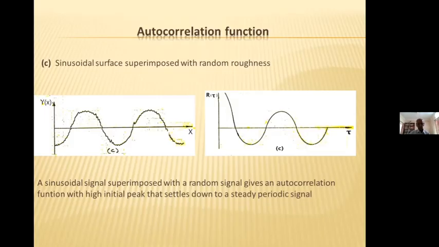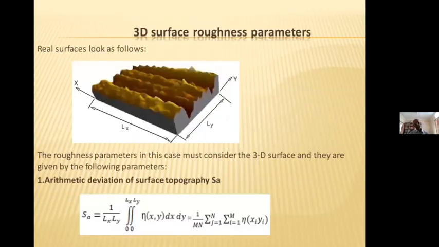Now we look at 3D surface roughness parameters. Now, till now, whatever we have seen is a 2D surface roughness. Now, surfaces are never 2D. This is a real surface. So what we have done is we have simply taken a section and assumed that the section is a typical section like this.